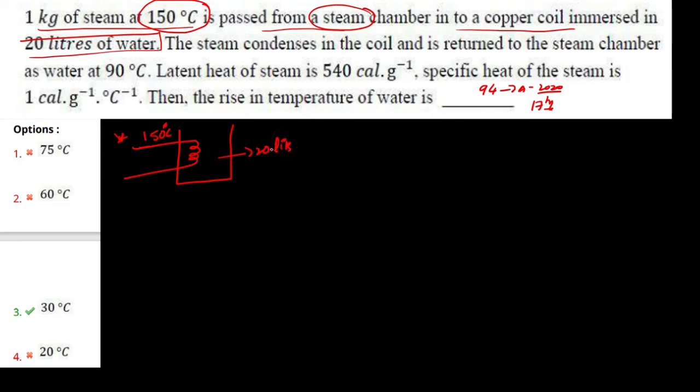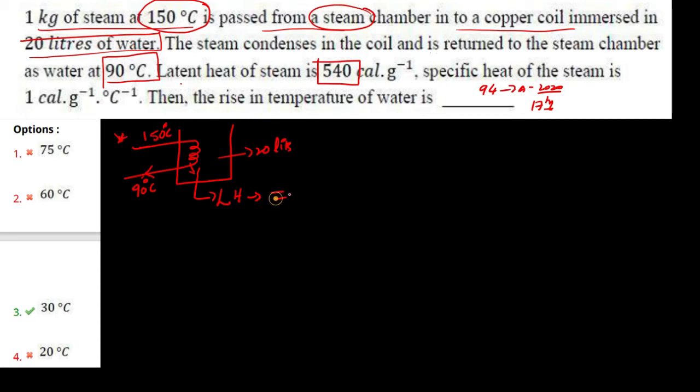Okay. Now the steam condenses in the coil and is returned to the steam chamber as water at 90 degrees Celsius. It means that the steam is leaving here at 90 degrees Celsius and the water is condensed. It means that here latent heat is used. Now the latent heat of steam is given, that is 540 calories per gram.